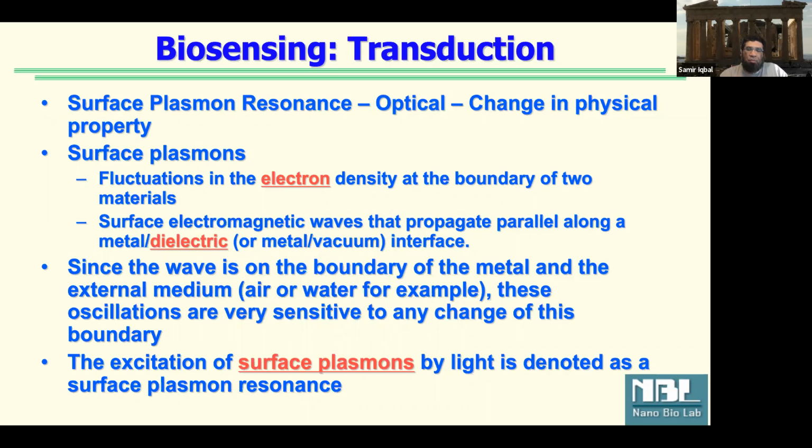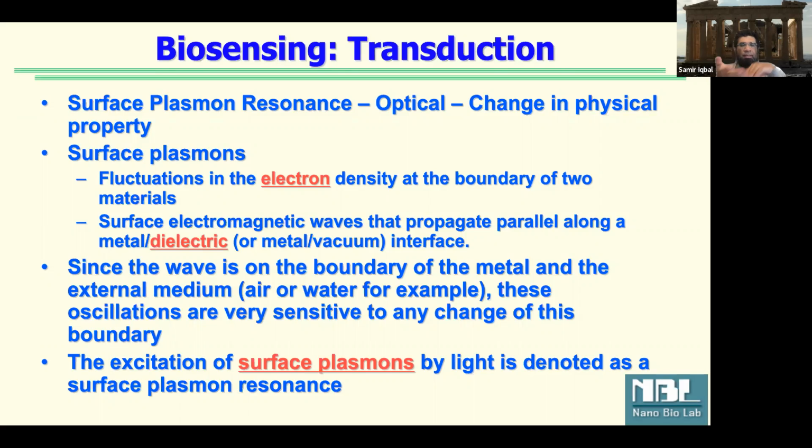Plasmons are basically light waves that when you throw them on a surface, they get captured right next to the surface and they travel alongside the surface for a long period of time. Now, once it's traveling, and if the quality of the surface, the binding of the surface changes, there is a shift in frequency of plasmons.